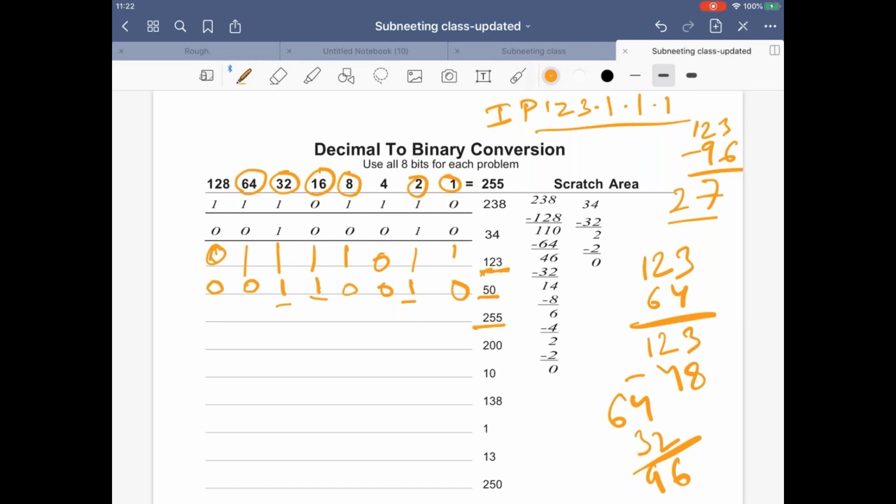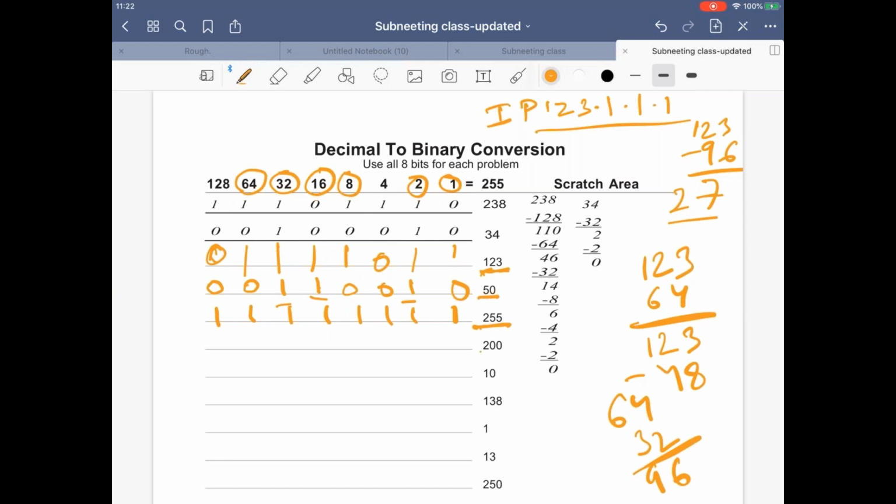And again, if we want 255, then how much? All will be 1. If you calculate all, it will come 255.